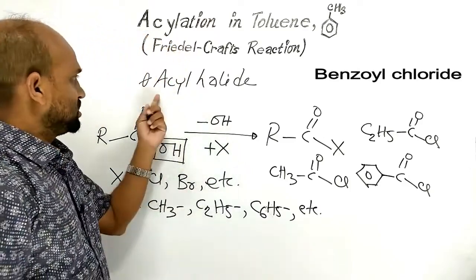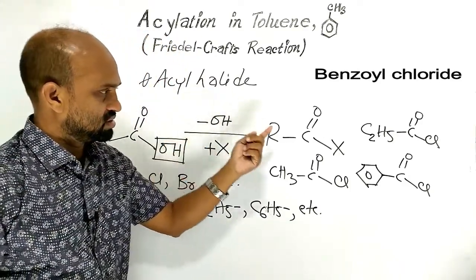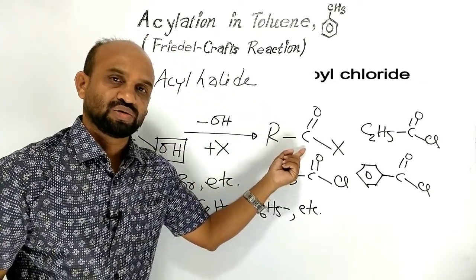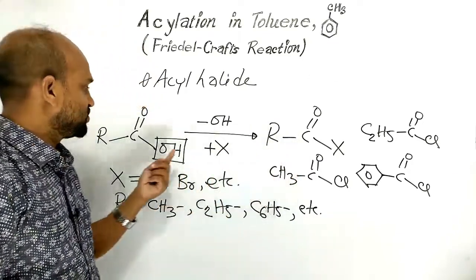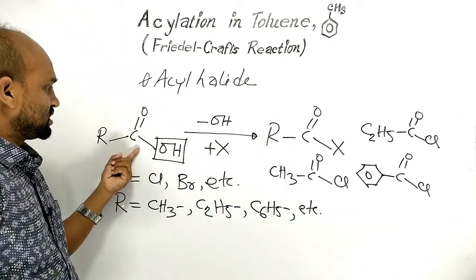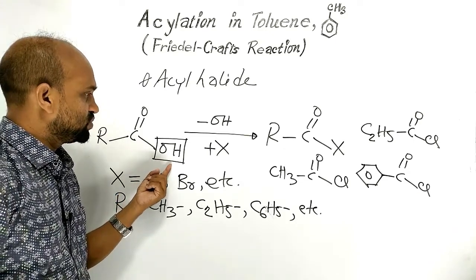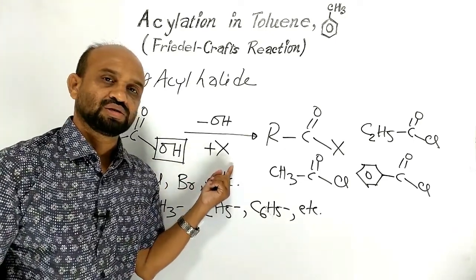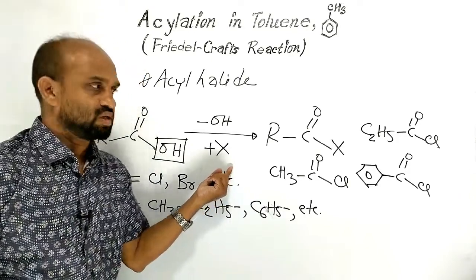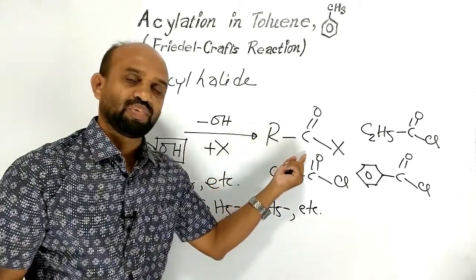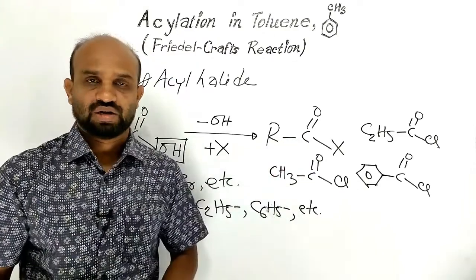So acyl halide is the compound which is derived from carboxylic acid by replacing hydroxyl group with halide group. Then the compound is called acyl halide.